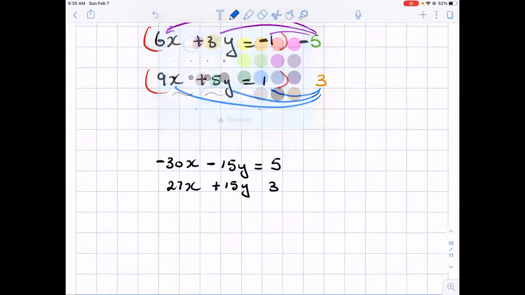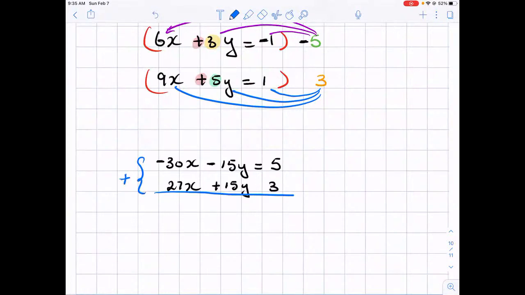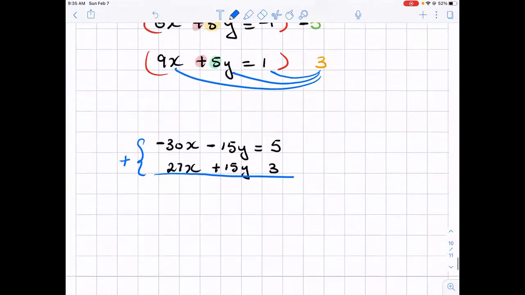And now, if you add these two equations, you always add minus 30x plus 27x gives you negative 3x. The minus 15 and the plus 15 will become 0, and 5 plus 3 is 8.